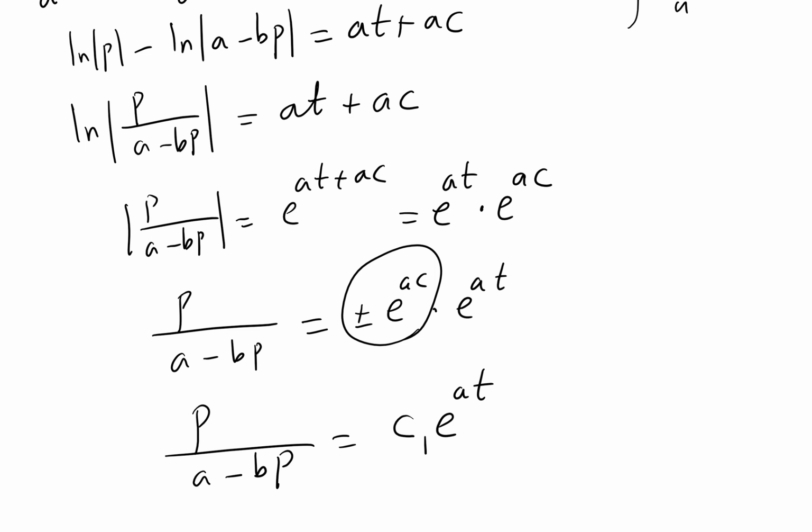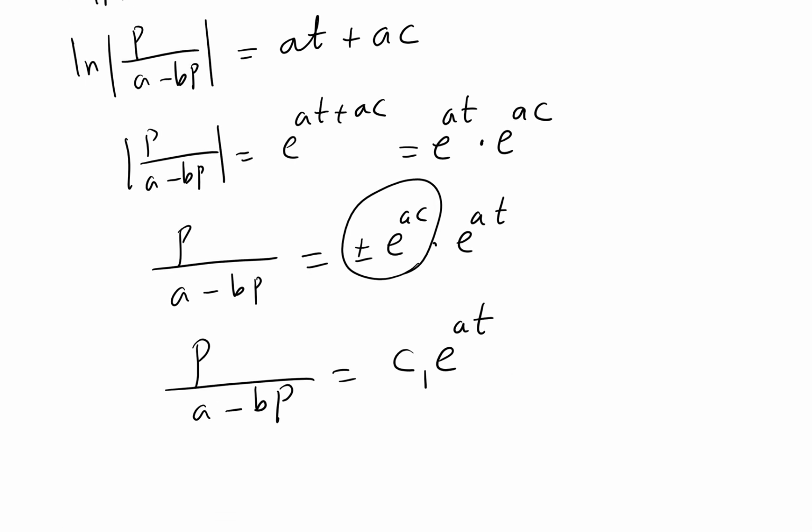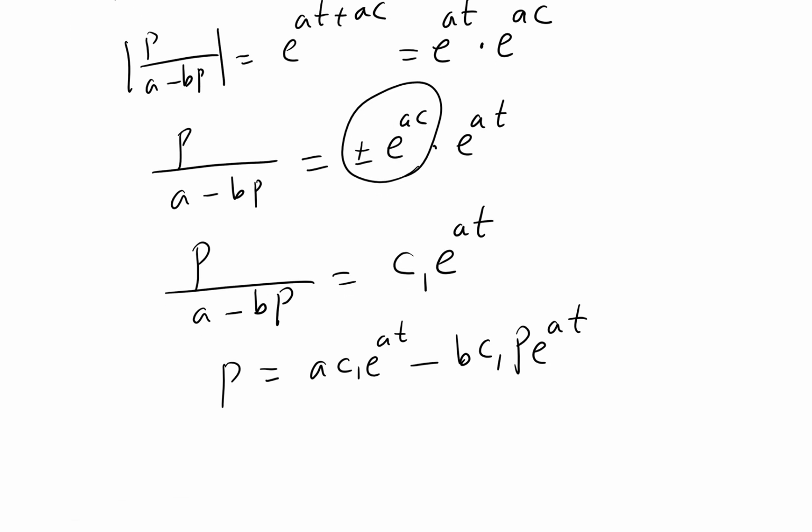Then it becomes an algebra part here. From there on, cross multiply: AC1 e to the AT. To solve for P, we have to add BC1 P e to the AT, which equals AC1.